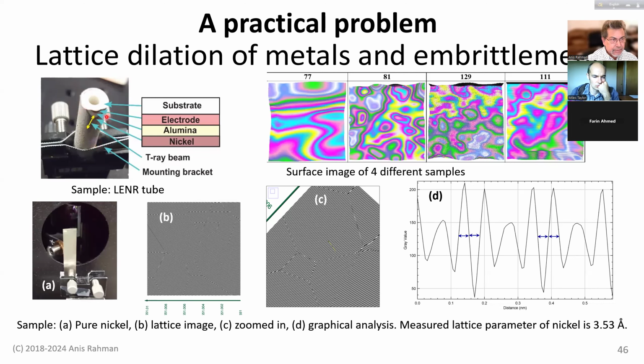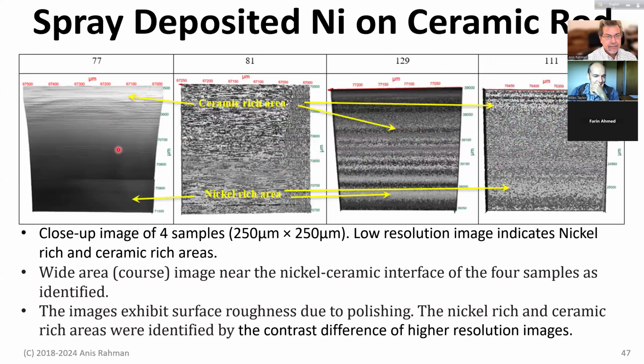So first, you can focus the beam on the nickel layer, on the alumina layer, on the copper layer, and you can measure them. What we did is we measured the interface between the copper and alumina. That's where the beam was focused, and this image was taken.